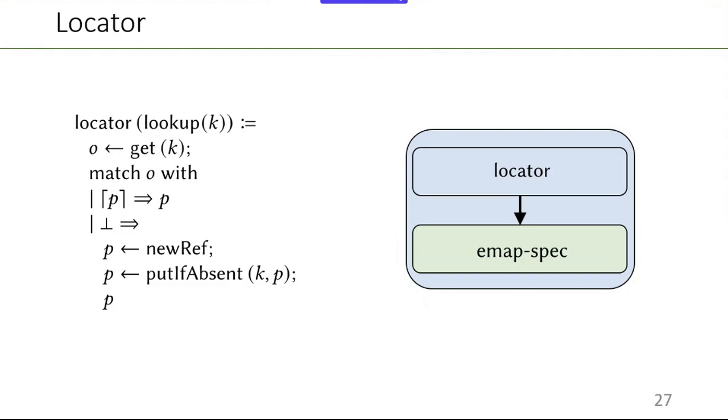It always returns the value for the key in the map. So if you succeed, the value that we passed is exactly that value. It returns it, we return it to the user. If we fail and some other thread does it, it still returns the latest value, we return that. So you observe that locator is really a lazy map, right? So it's trying to implement a map that maps keys to values.